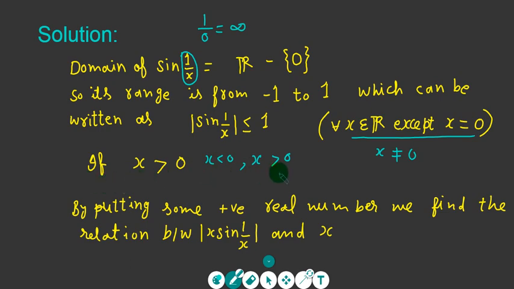So first we take positive values, if x is greater than 0. We find the relationship between the absolute value of x times sine of 1 upon x, and x. We put some positive real numbers and see the relationship, and on the basis of these values we conclude that for all positive real numbers this relation will also be true.